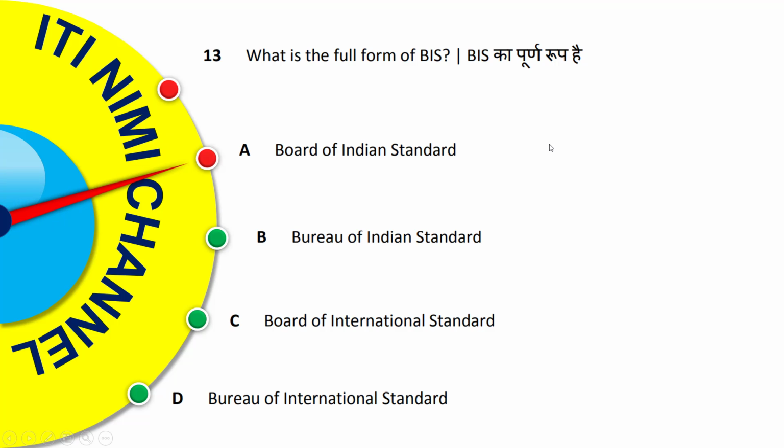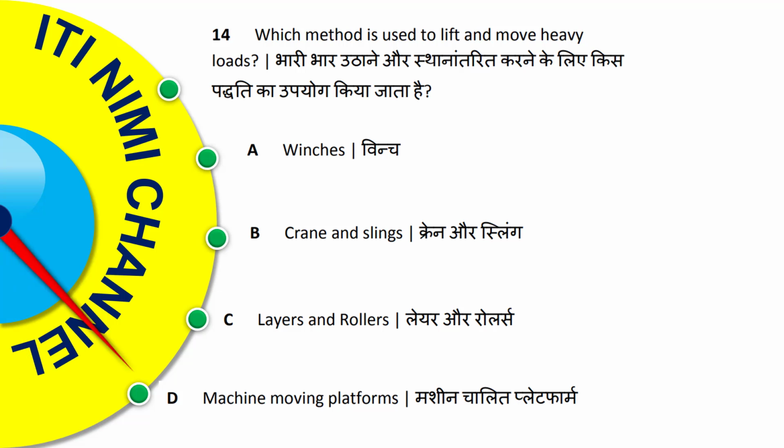Board of Indian Standard, Bureau of Indian Standard, Board of International Standard, Bureau of International Standard. The answer is Bureau of Indian Standard. Which method is used to lift and move heavy loads? Winches, crane and slings, levers and rollers, machine moving platform. The answer is crane and slings.